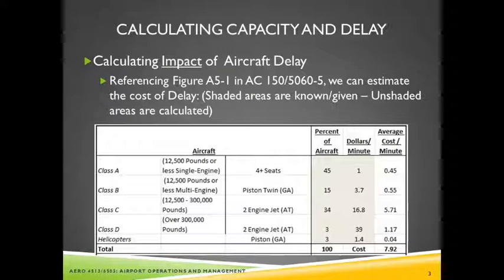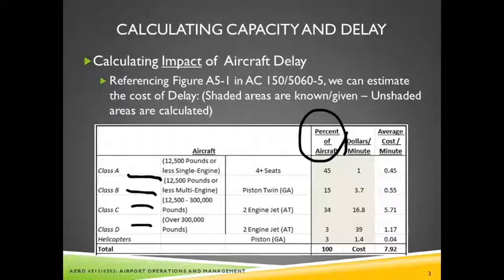So we're looking at the percentage of aircraft, the class of aircraft or the configurations that determines the actual cost per minute of the delay, but we're going to look at the percent of aircraft that we estimate are going to be flying into or utilizing our airport. Given that information, we can find out how many dollars per minute a delay of that aircraft type costs.